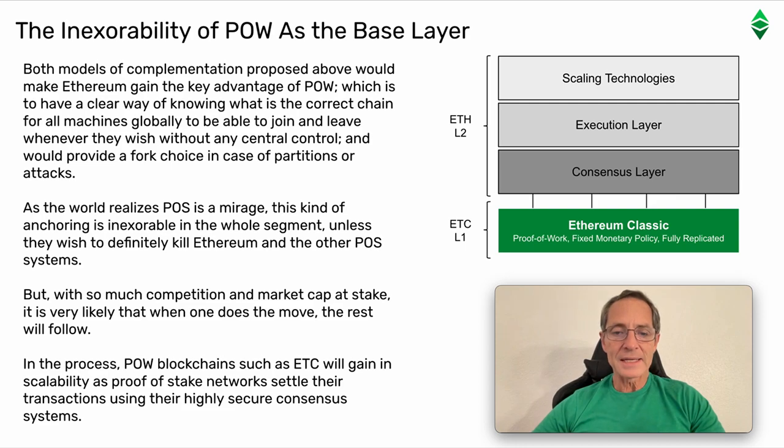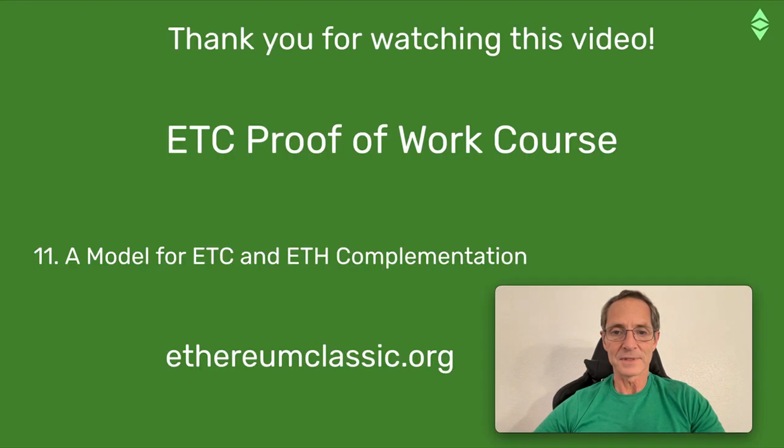As the world realizes proof of stake is a mirage, this kind of anchoring is inexorable in the whole segment, unless they wish to definitely kill Ethereum and the other POS systems. But with so much competition and market cap at stake, it is very likely that when one does the move, the rest will follow. In the process, proof of work blockchains such as ETC will gain in scalability as proof of stake networks settle their transactions using their highly secure consensus systems.